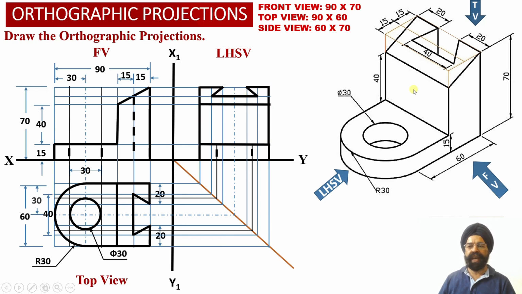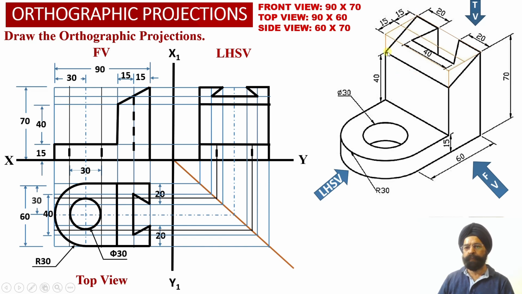Now as we look at this vertical web, one thing we must clarify over here: this portion, that is the left hand side portion of this vertical web, since it happens to be parallel to the profile plane, we are going to obtain the true shape projections corresponding to this face of the vertical web.